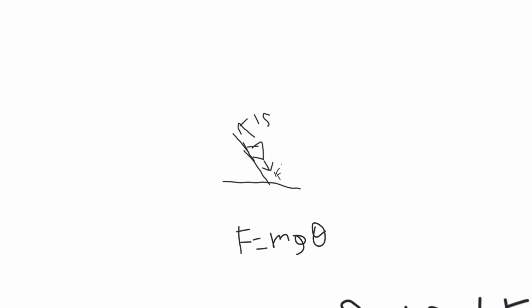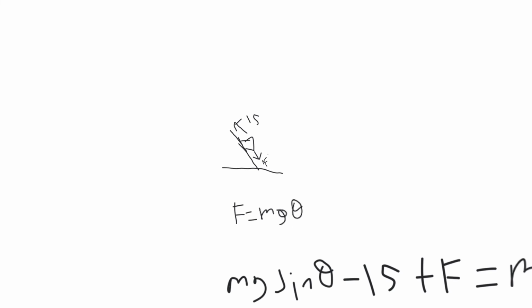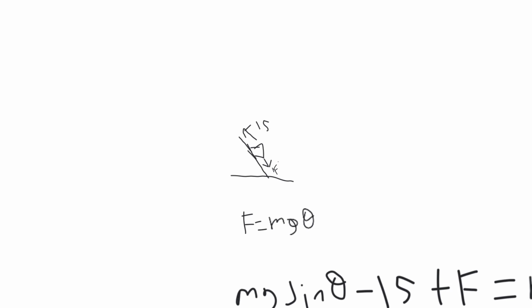Okay, so for part B, it's asking, let me just check here, to find the force that I need to have the acceleration equal 0. So I have to make the acceleration be 0. What force is that? Okay, so we know that this force here is going to be mg sine of theta.